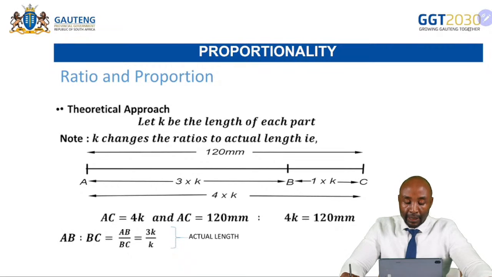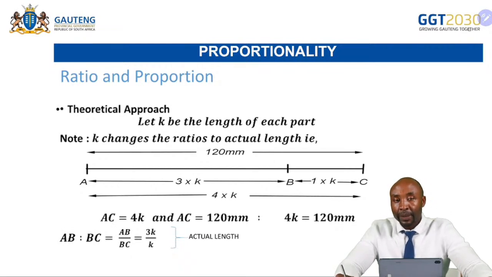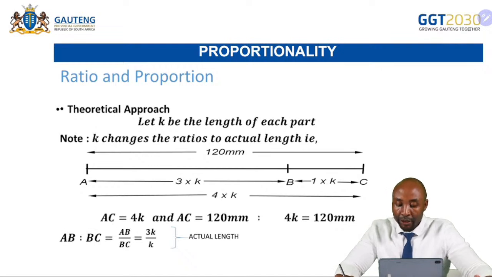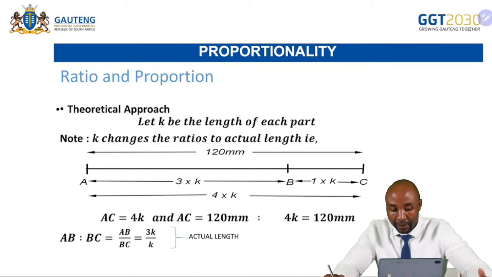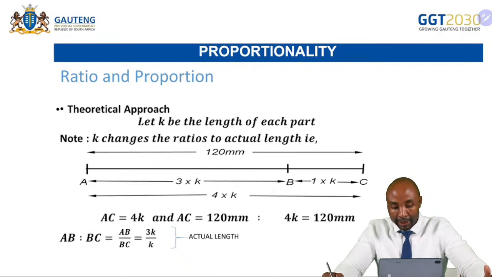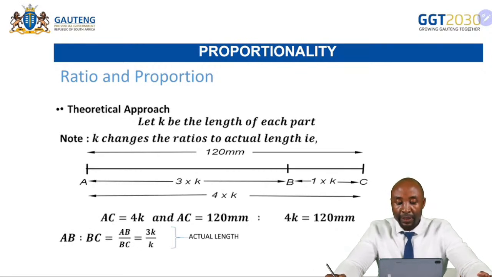As indicated, we use letters of the alphabet to represent the actual length of a line. For example, if the ratio is given as 3:1 for AB to BC, the actual length of AB can be represented abstractly as 3K and that of BC as K. And the whole length of AC can be represented as 4K.